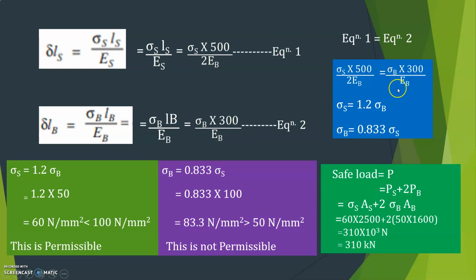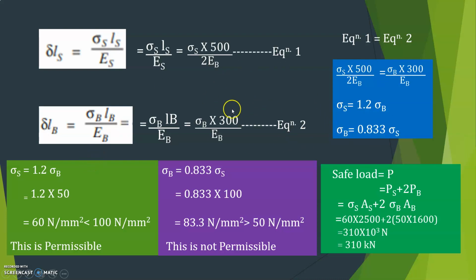So simplify this. You can write in terms of sigma S also, sigma B also. I have written both now. Sigma S, if you simplify, is equal to 1.2 times sigma B. Then if you write in terms of sigma B, you get 0.833 times sigma S. This is the equation you got now after simplifying these two equations.